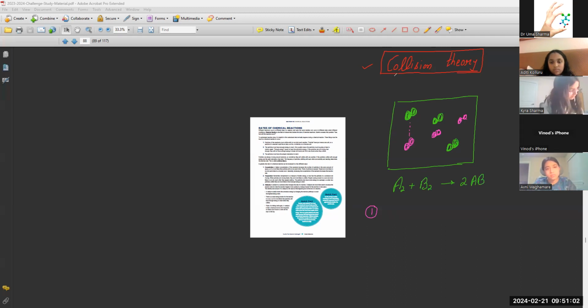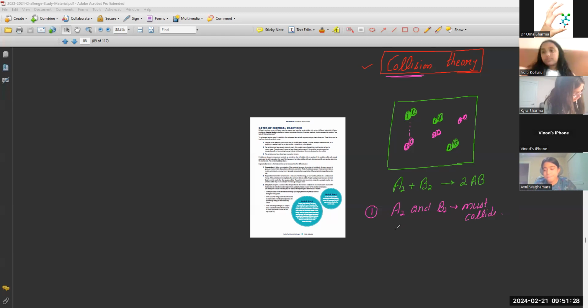We are doing collision theory, right? You're understanding this? If there is no collision, no reaction. Collision is a must. So the first condition is that they must collide.